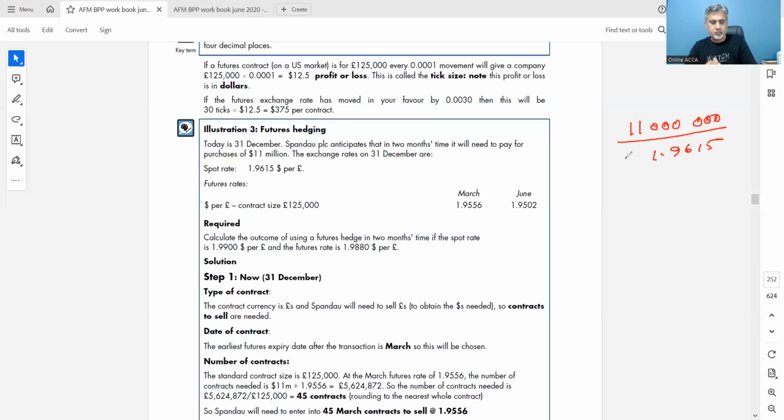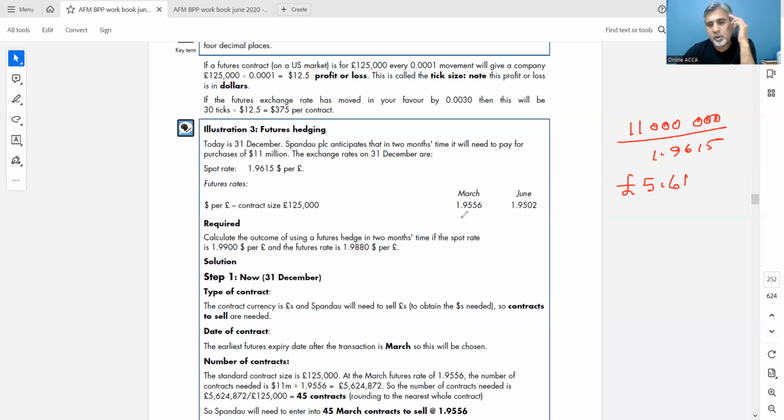I'm not solving the question, I'm just playing with the question. I need 5.61607 million, or let me call it 5.61. To make it simple, let me call it 5.61 million. I need 5.61 million sterling from my bank account and convert them into this amount.